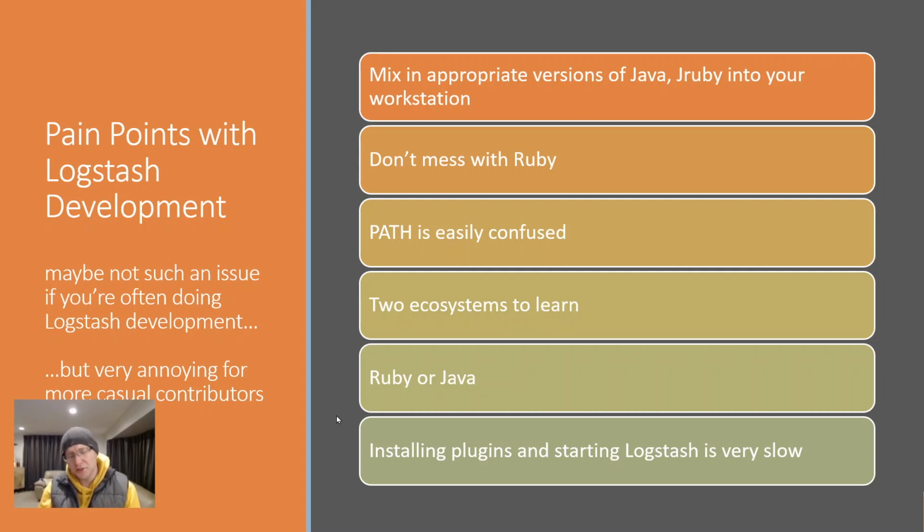This is very easy to do, and is not very well documented, which is probably why there are so many questions on the Logstash forums and GitHub issues that can be traced back to environmental difficulties. So that's effectively those top three.